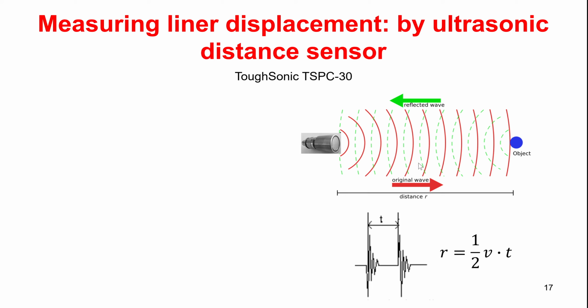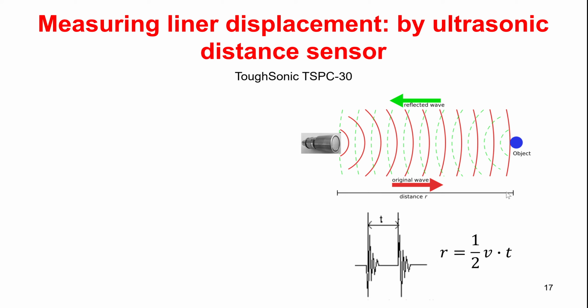The transducer knows the time it has taken the wave to be reflected back, and it also knows the velocity of the wave. So using this equation, we have the velocity and we have the time.